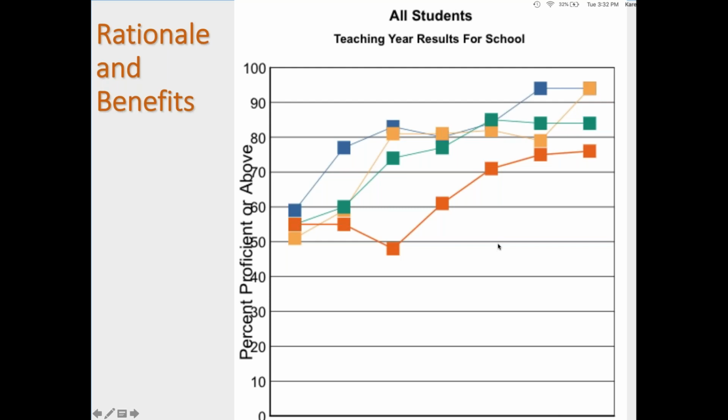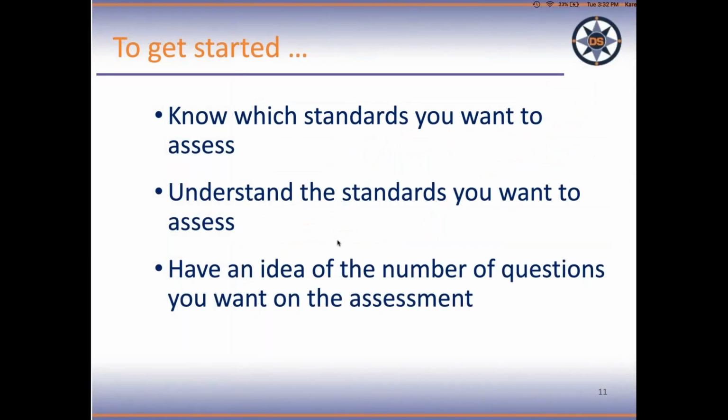So this is a school that was involved in the data inquiry cycle at the grade level team level. And you can see here that each set of boxes is a year, right?